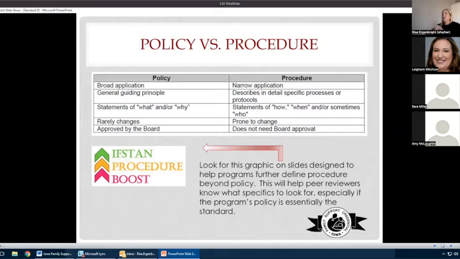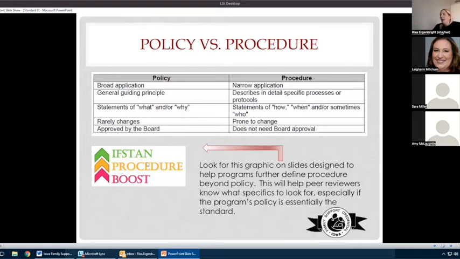And then as we go through all of these webinars, we talk about each thing separately. We talk about policy, we talk about procedure for each standard. But on the ones where we're getting at procedure, and I'm trying to get better about highlighting those procedure conversations and discussions, we use this procedure boost, which is just your clue that this is the procedure piece.